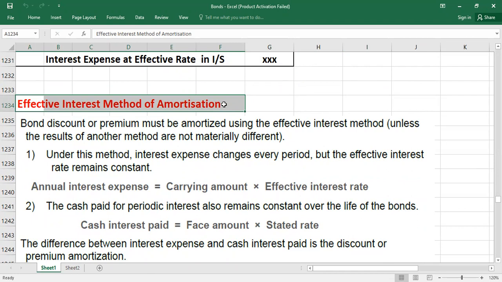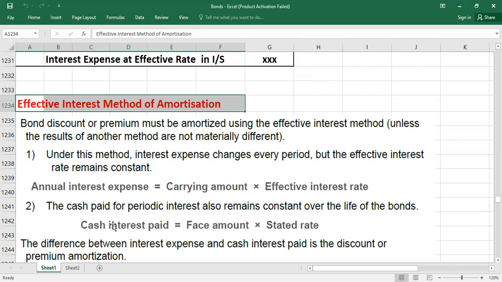So here we go, the effective interest rate method, how it works. Here you should remember a few things. If you want to calculate annual interest expense, which you will record in the income statement, this is always equal to the carrying amount of the bonds times the effective interest rate. Effective interest rate means the market rate which you have at the time of issuance.